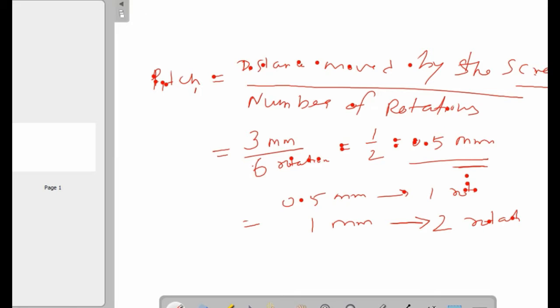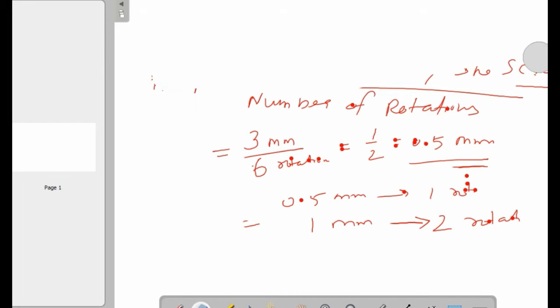Now there is another term which you have to know, that is called the least count. The least count formula is pitch divided by number of circular scale divisions.